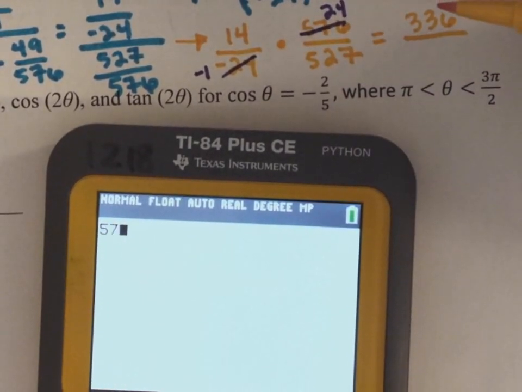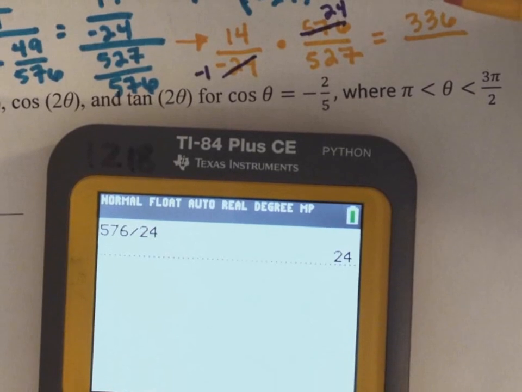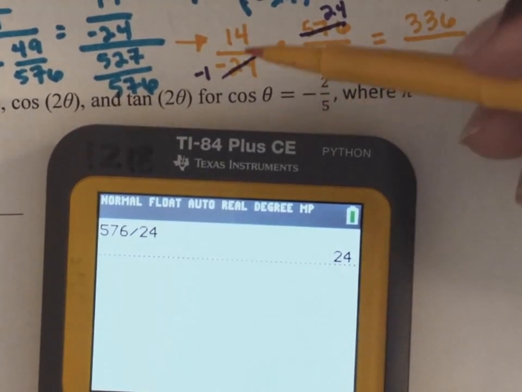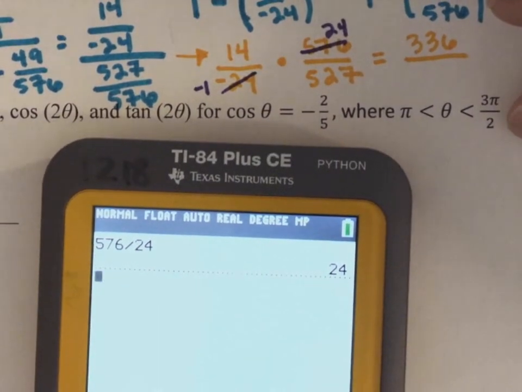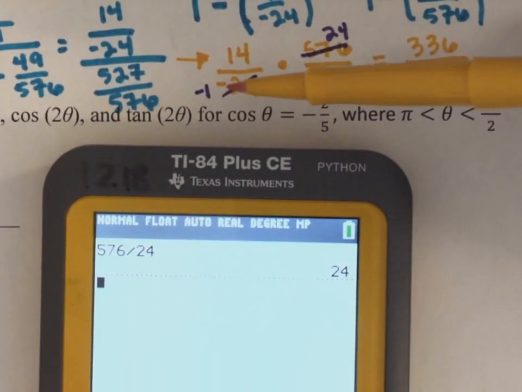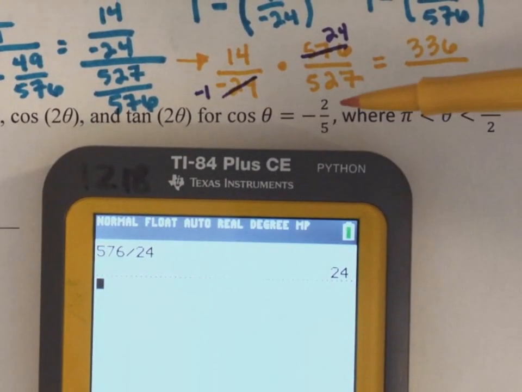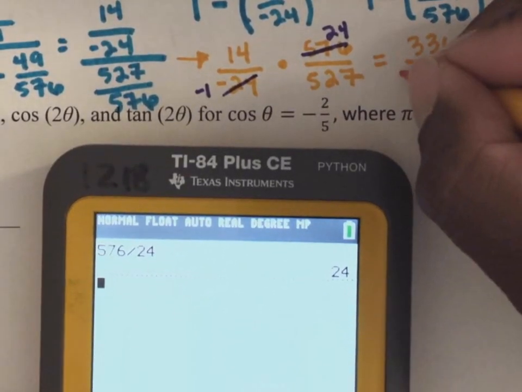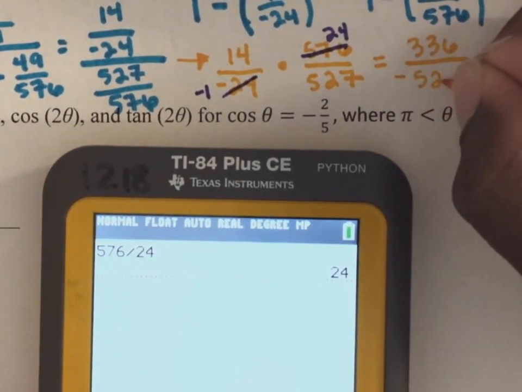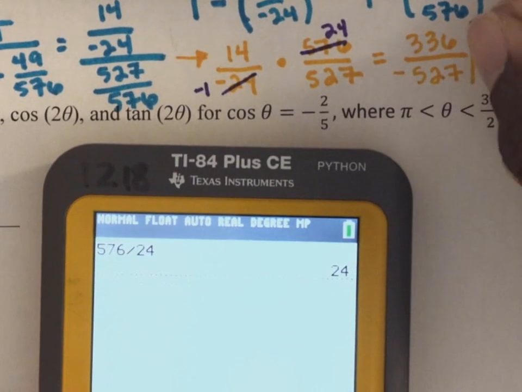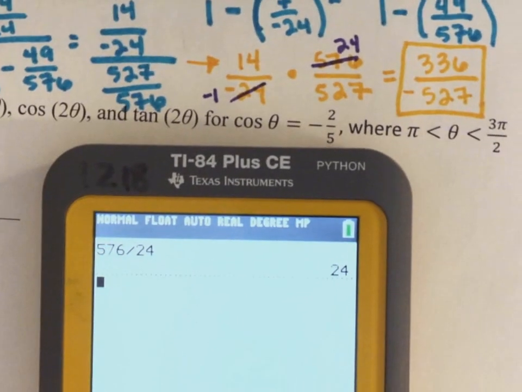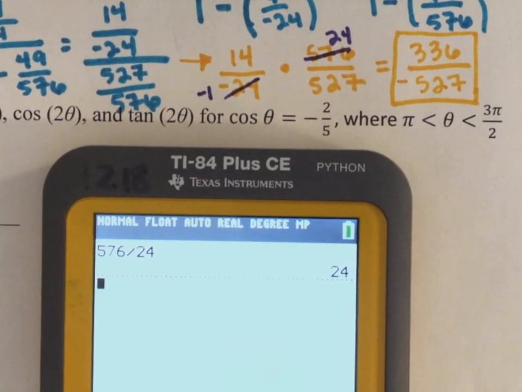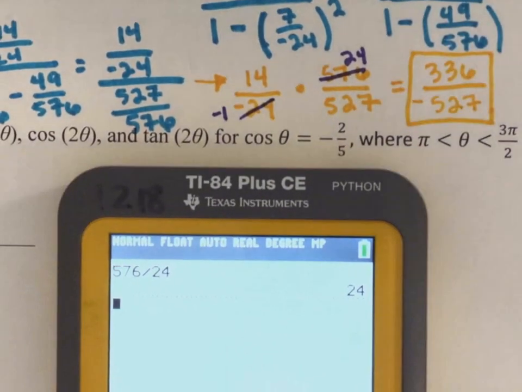So just 576 divided by 24, and I see I can cancel out this whole number. Does that make sense? Yeah, that makes complete sense. Okay. And then I have negative 1 times 527, and that's my exact value for tangent.